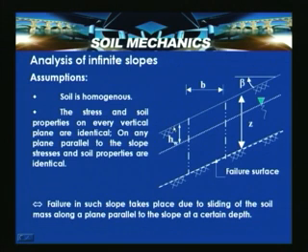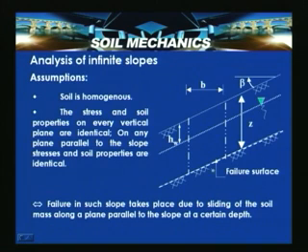Here a typical cross section of an infinite slope is shown. This is the slope surface, which is inclined at an angle beta with the horizontal, and this is a rigid stratum. The broken line shows the failure surface at a depth z below the slope surface.